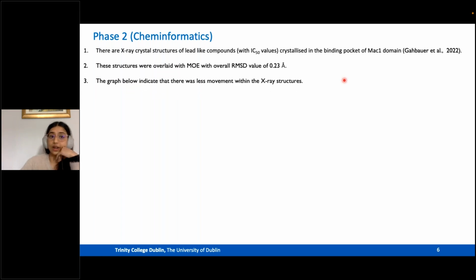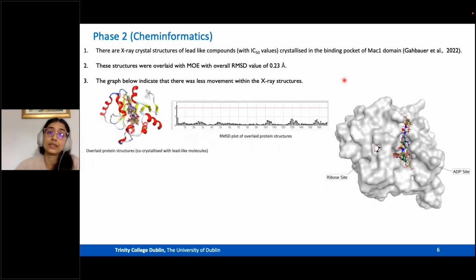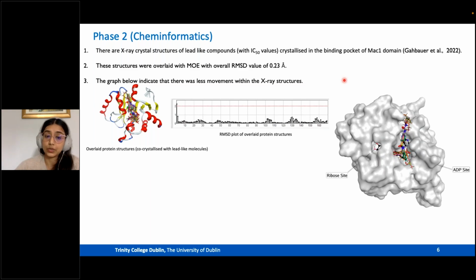As a starting point, we overlaid 22 actives. These were highly active, with IC50 values equal to or less than 10.3 micromolar. We found that these 22 crystal structures were highly similar, and there was very little movement within the X-ray crystal structures. So we moved forward with these actives.